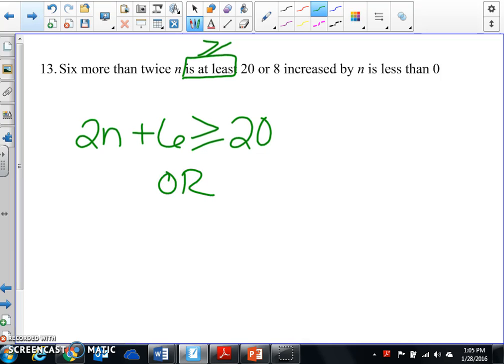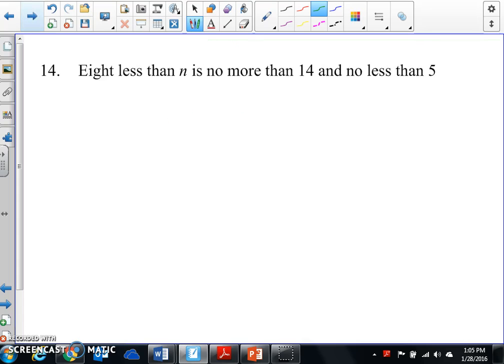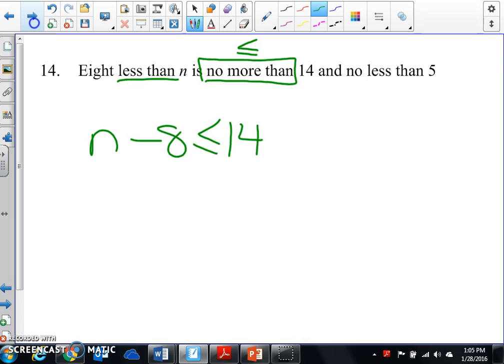Or 8 increased by n is less than 0. Eight, less than is a turnaround word. Less than n is no more than. No more than is a sneaky word. That's actually less than or equal to 14.